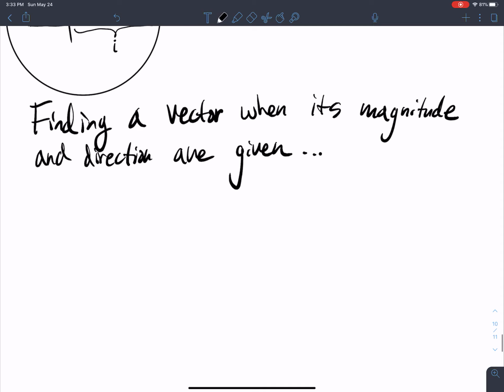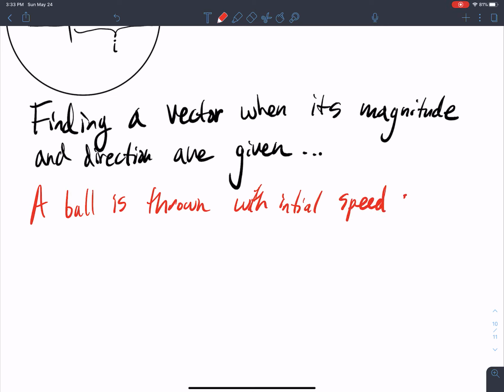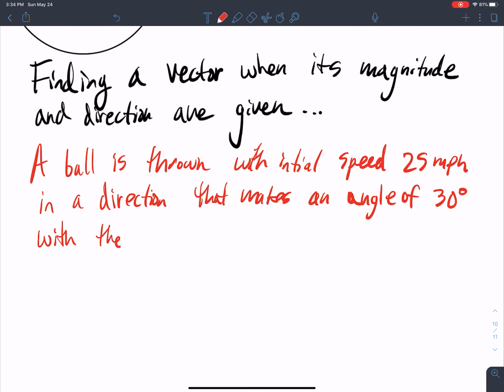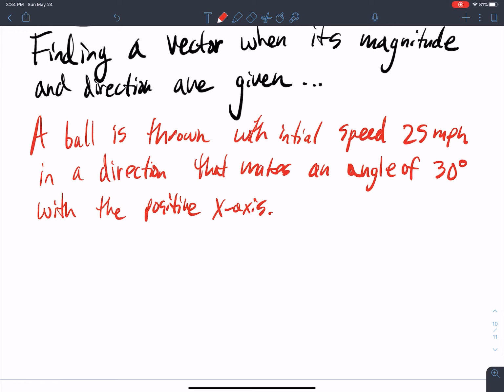So a ball is thrown with initial speed 25 miles per hour in a direction that makes an angle of 30 degrees with the positive x-axis. Express the velocity vector v in terms of i and j.